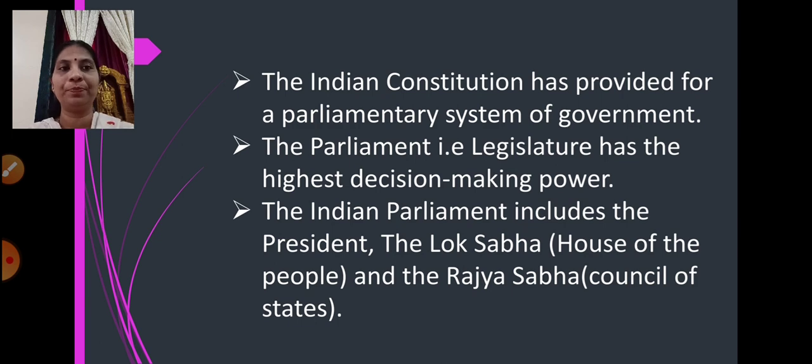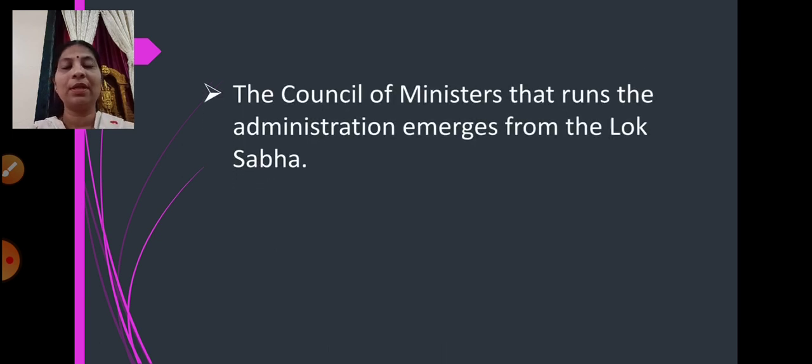Going ahead, the Council of Ministers that runs the administration emerges from the Lok Sabha. Now, what is this Council of Ministers? Children, when a government is formed, take the example of the Union government. There we have the Prime Minister, who will have his Council of Ministers.